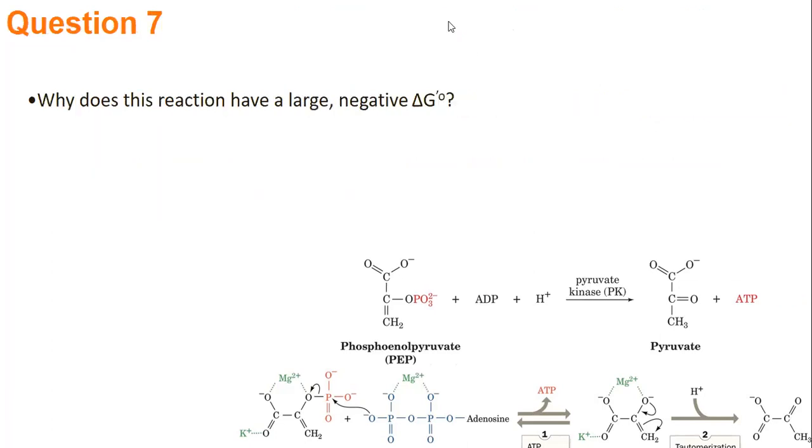So I already answered this. Why does this reaction have a large negative delta G? PEP is very high energy, higher energy than ATP. So moving a phosphate to ADP releases energy, because PEP has an energy of like -60.